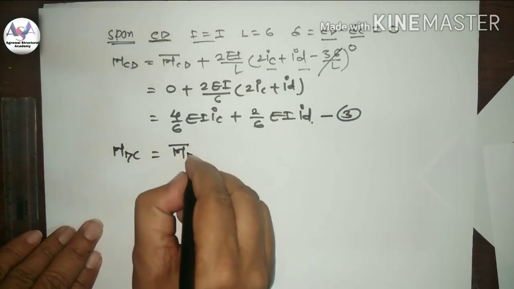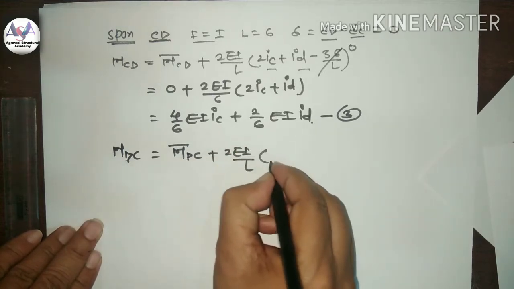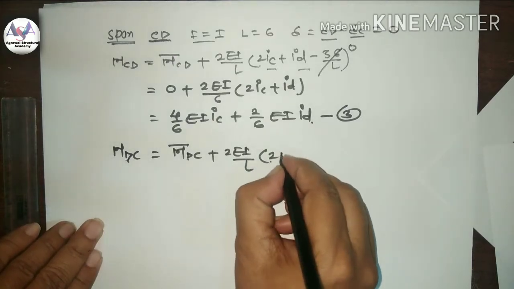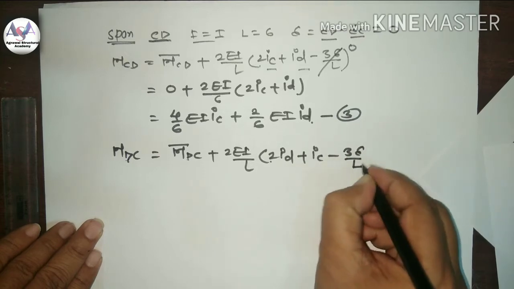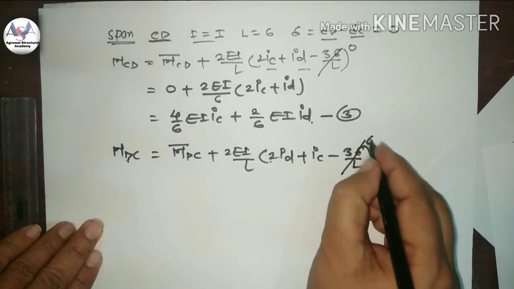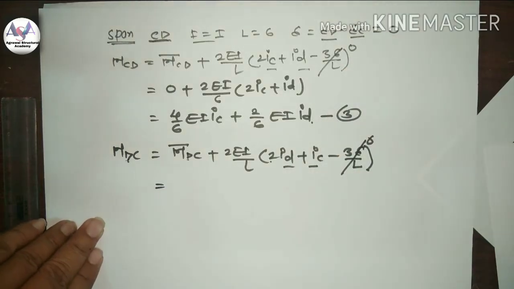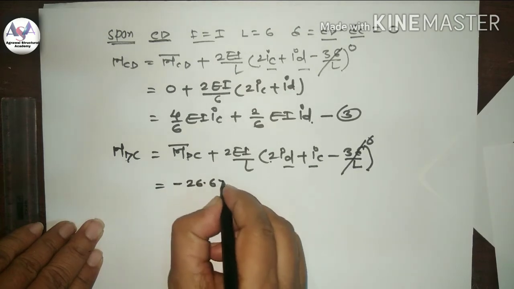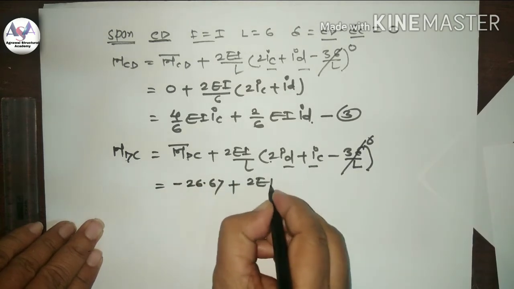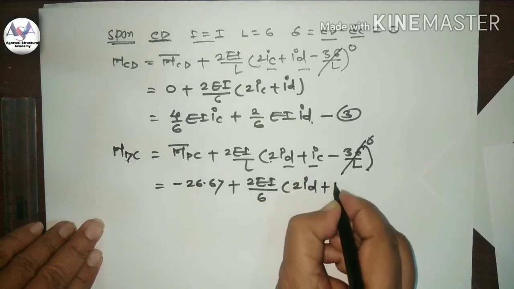So M bar DC, then plus twice EI by L. Here starting is D, so twice ID plus IC minus 3 delta by L. We know delta is 0 for this span. Then these are the unknown displacement, so these are not 0. Then the value of MDC is minus 26.67 plus 2EI by 6 into twice ID plus IC.